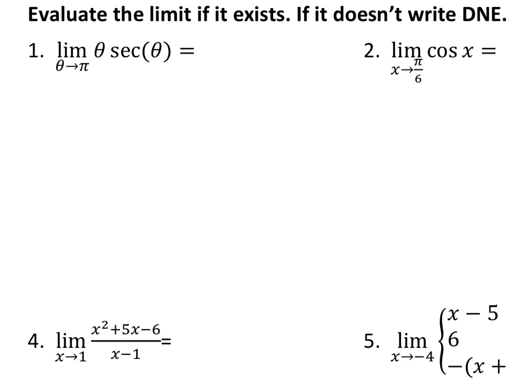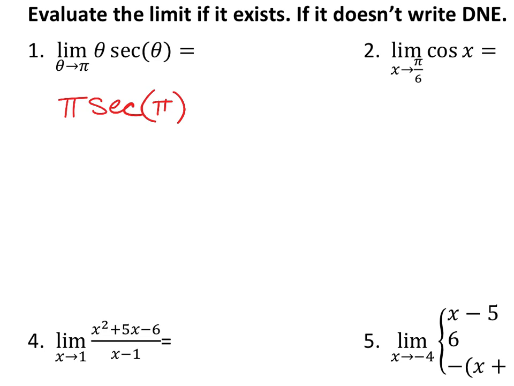So we're going to take that function, theta times secant of theta, and just substitute in pi, because that's what we're finding the limit of. If we simplify and find values and this does not turn into an indeterminate form, meaning I get an answer, then that's the limit. So we figure out what the secant of pi is. I prefer that you use your formula chart.